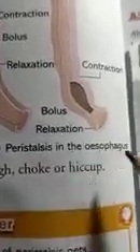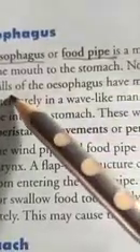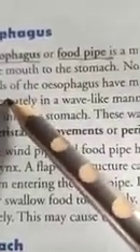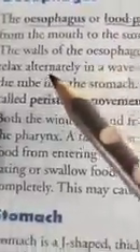Peristalsis in the oesophagus. Dear students, when the slightly digested food enters the food pipe, the wall of the oesophagus starts contracting and expanding and pushes that food down into the stomach.